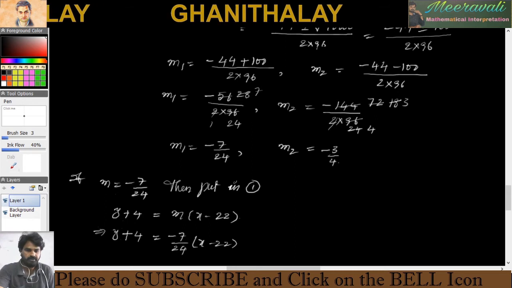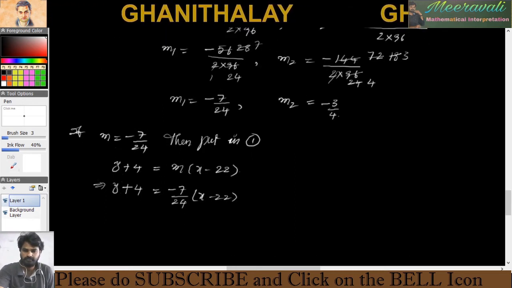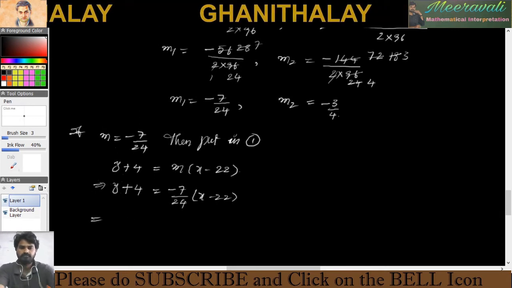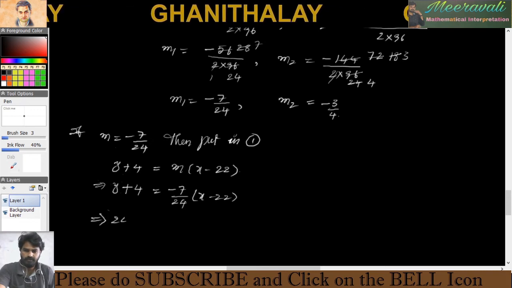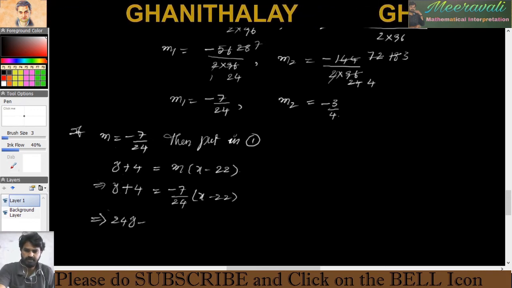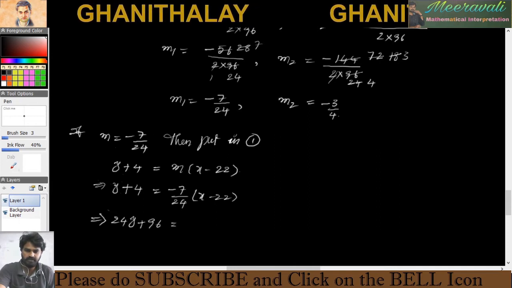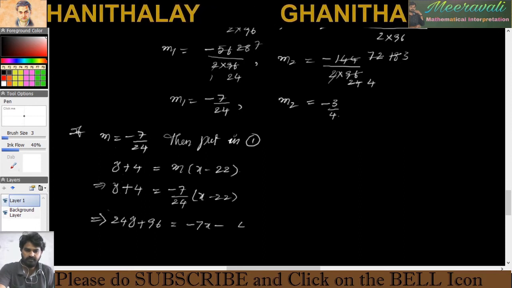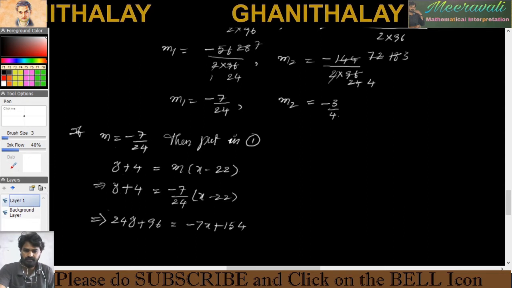Now substituting here, 24y plus 24 4s are 96 is equal to minus 7x minus 7 2s are 14, minus into minus plus 154.